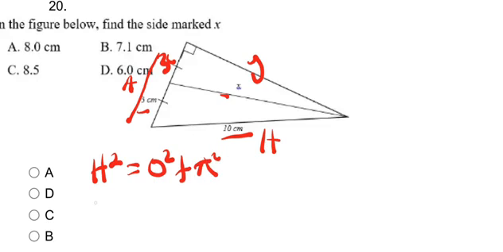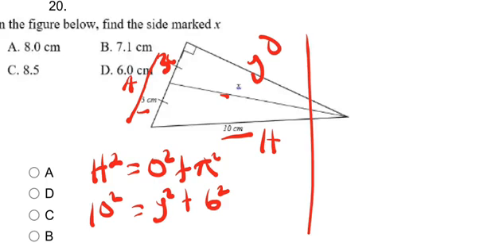Now we have hypotenuse, that is 10 squared, equals to opposite, that is what we're looking for, y squared, plus adjacent, which will give us 3 plus 3, 6 squared. So from here, this will give us 100 equals to y squared plus 36.